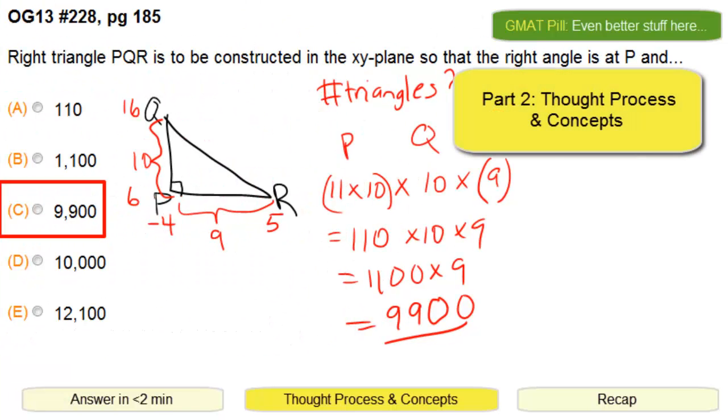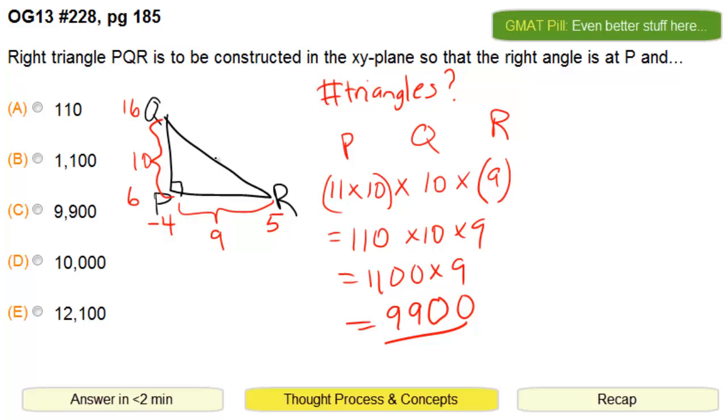Okay, so there's a lot going on here. Let's take a look at some concepts. We're basically integrating coordinate geometry with probability. And with this coordinate geometry, we're basically given this grid area, where the x-axis is between -4 and +5. That gives us a distance of 9, or a total of 10 points.